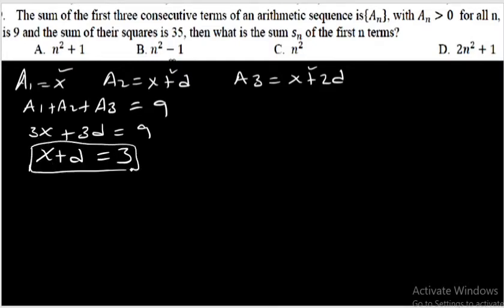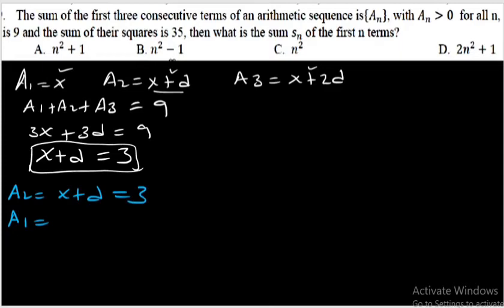But what is x plus d? Obviously the second term. That means a2 is equal to x plus d, which is given to us as 3. x plus d is equal to 3, that is a2.